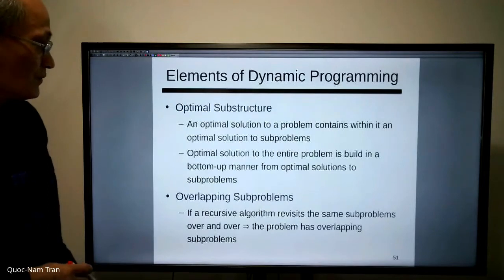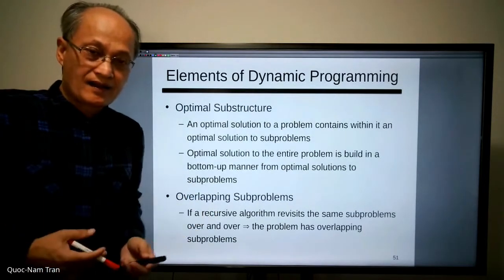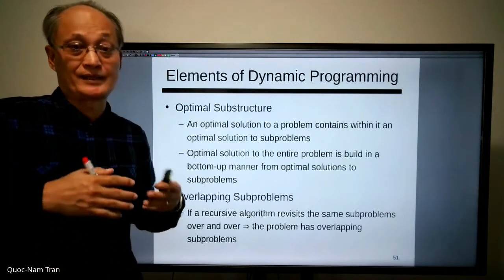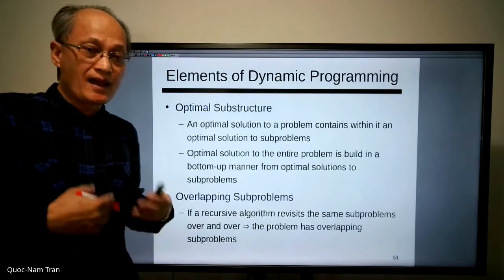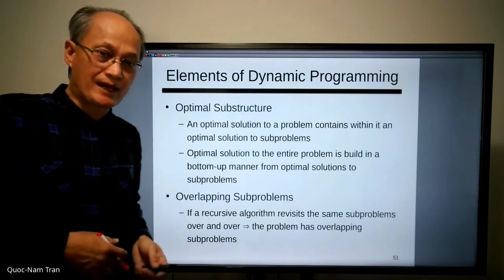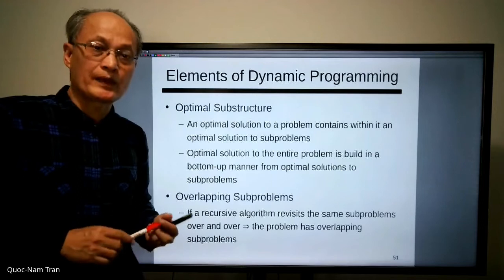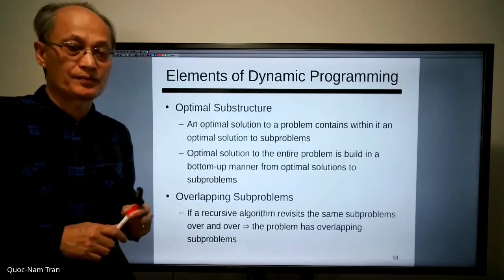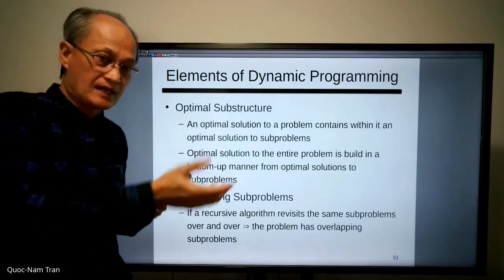All right, so you can see that matrix multiplication, multiplication of a sequence of matrices, and the optimal assembly line problems have something in common. That is what we call how to solve the optimal problem using dynamic programming.